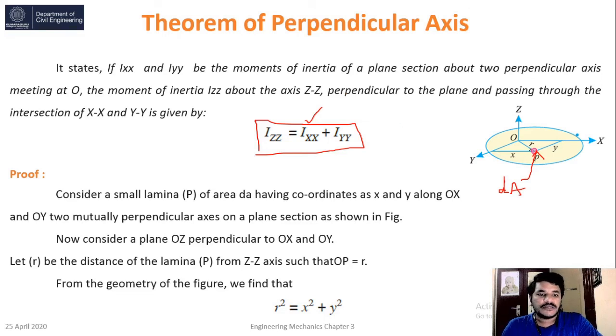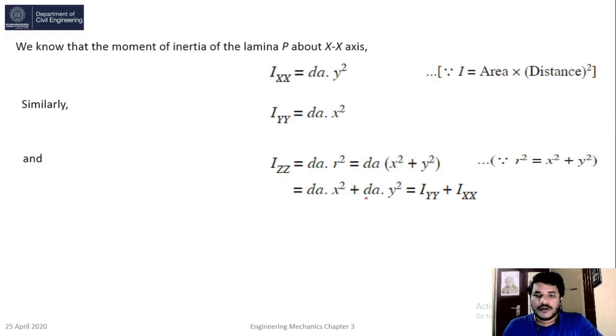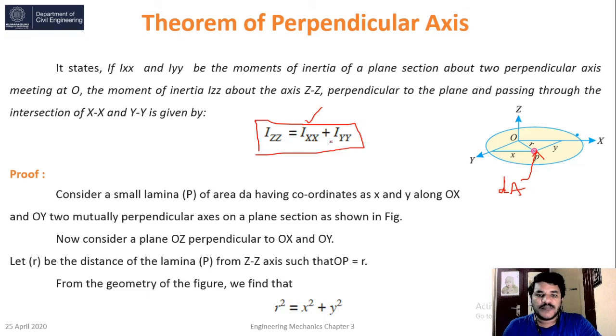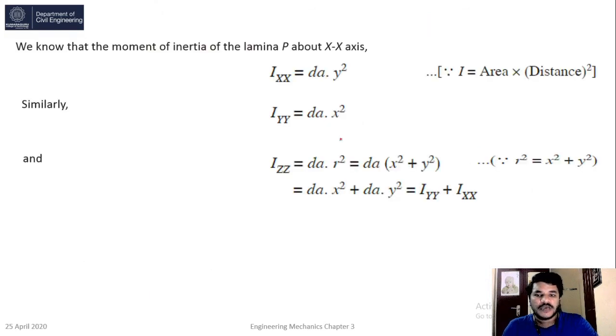So Iyy equals dA into x square, and Ixx equals dA into y square. Now Izz, you know the formula, Ixx plus Iyy. I am substituting these two values here: dA into x square plus y square.